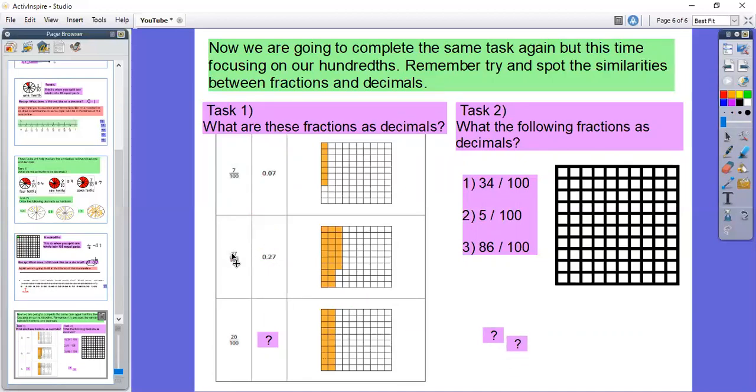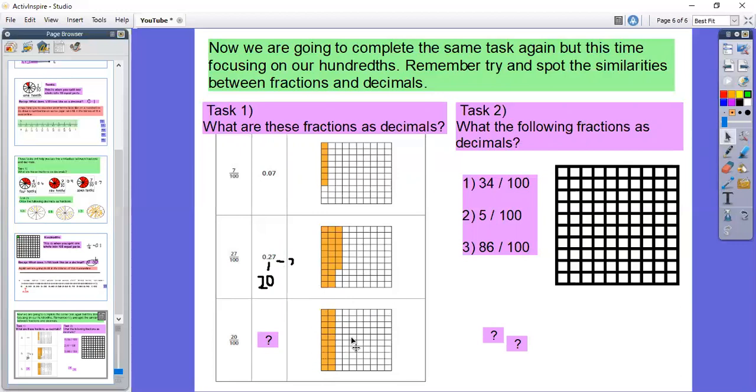However, it's not, it's just 0.27 because my 27 is partitioned into 20 and 7. So here is my 20. Let me actually write that for you. Here's my 20. And here is my 7. So it's 0.27. Now, knowing that, what would this fraction become?